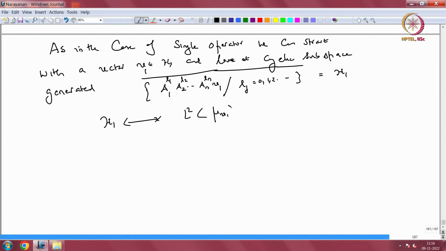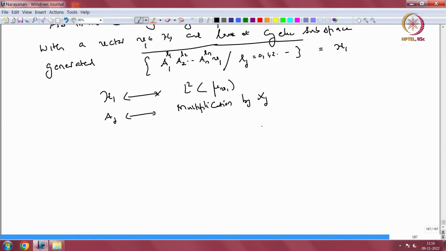All these are similar to what we have done in the case of a single operator, and we will get that the operators Aj will go to multiplication by xj. So, then we can continue to fill up the whole Hilbert space. I will leave the details to you.